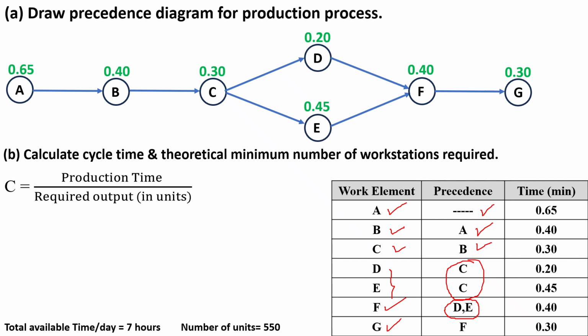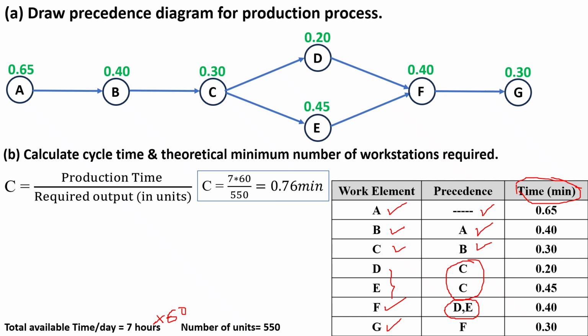Here the total availability time per day is 7 hours, so production time is 7 hours, and the required output is 550 units. But observe, all the element times are in minutes, so we have to convert the production time also into minutes. 7 hours becomes 7 into 60.